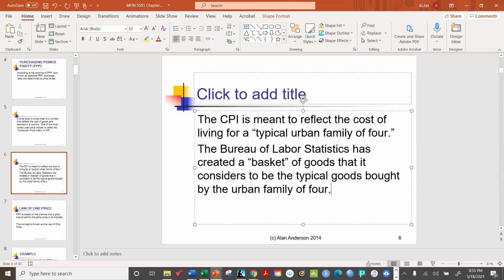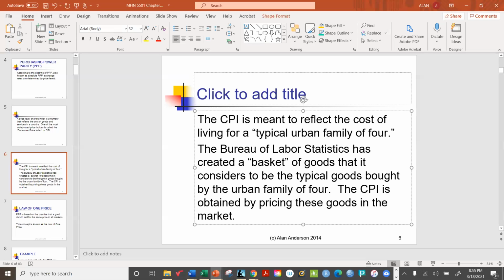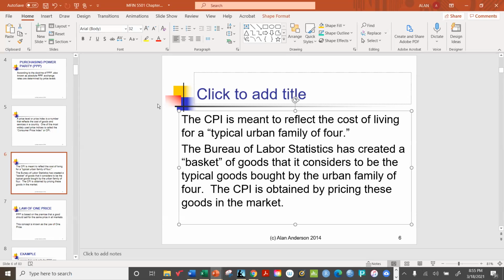And so the CPI is obtained by pricing these goods in the market. They literally have to go out there and shop, and they find these goods, and they calculate what the new cost of living is based on this basket of goods.